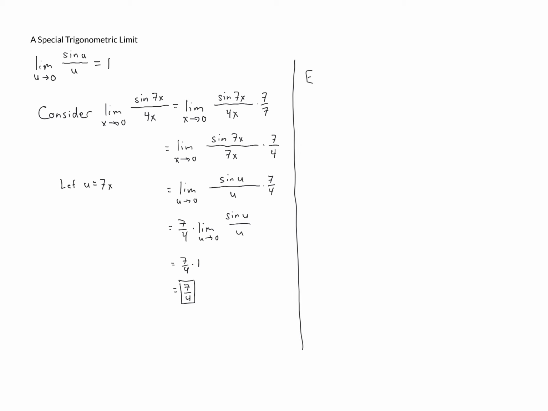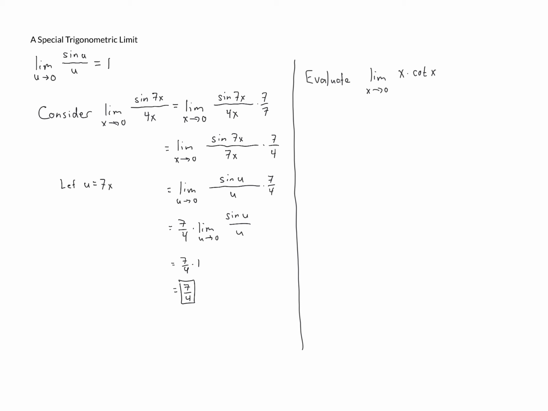Let's evaluate the limit as x approaches 0 of x times cotangent of x. Now, we can't use direct substitution here because cotangent of 0 is undefined, so we need to do something else.